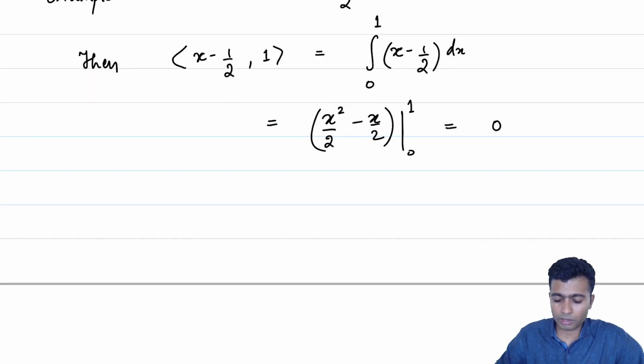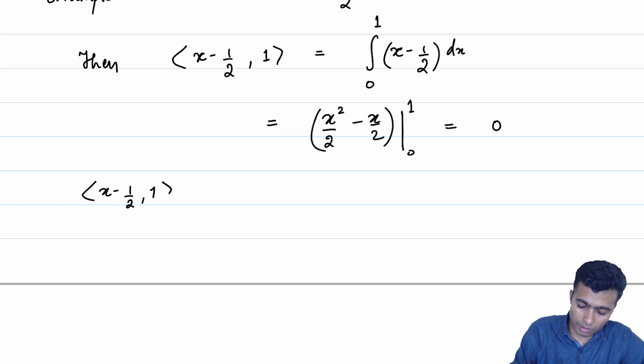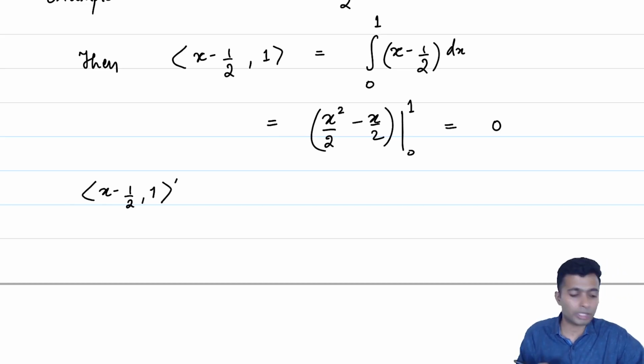Let's see if it is orthogonal with respect to the other one. x minus half comma 1, let's put a prime here to denote that it's a different inner product.